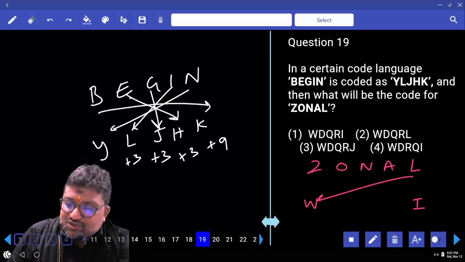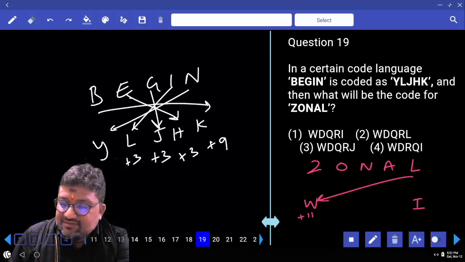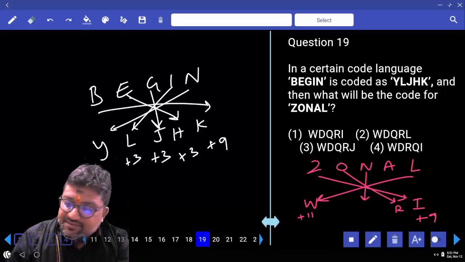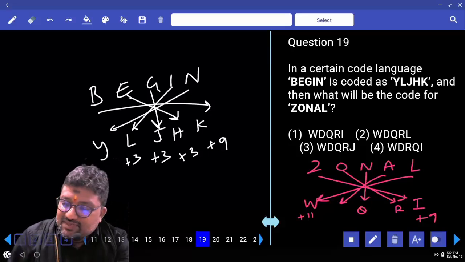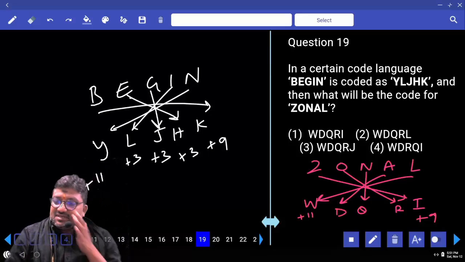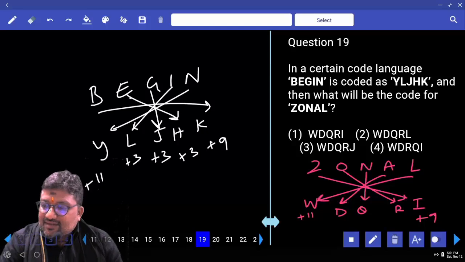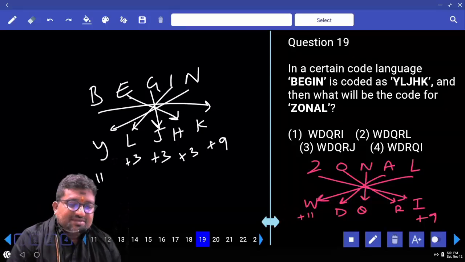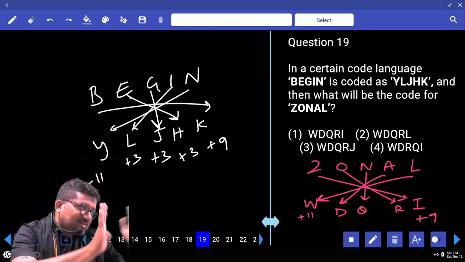I am connecting these two: this is +11, this is +9. Next, 15 + 3 is 18, R; 14 + 3 is 17, Q. W D Q R I. Do you have it in the options, yes or no? But this is not the actual logic.